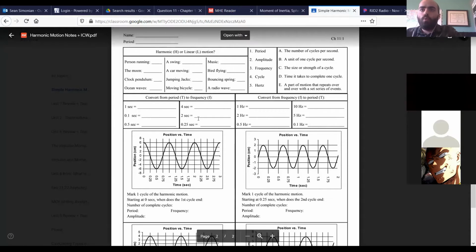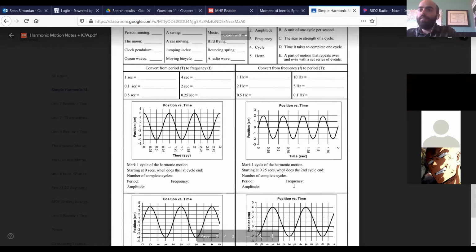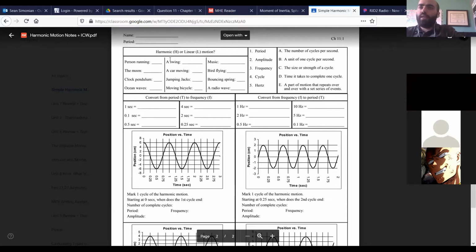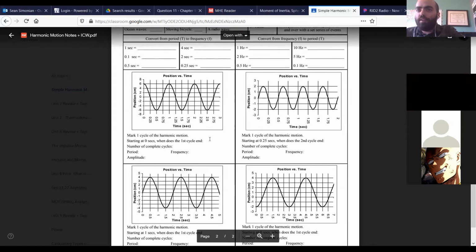Identifying whether it is harmonic or linear motion, definitions, converting between period to frequency or frequency to period, and then some graphing problems. We've already spent a good amount of time talking about our definitions and doing these period and frequency calculations, but we haven't done any of these graphing problems yet.